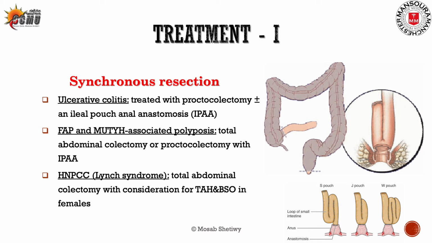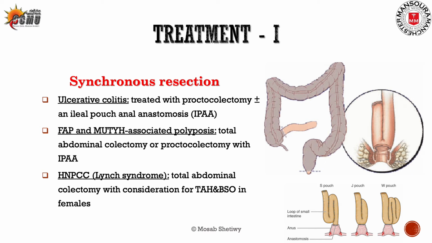Ulcerative colitis denotes a granulomatous inflammatory disorder of all segments of the colon and rectum, and such patients, when treated with surgery for dysplastic or malignant lesions, would benefit from total proctocolectomy, and so what's left is just the anal canal, and so we do an ileoanal anastomosis.